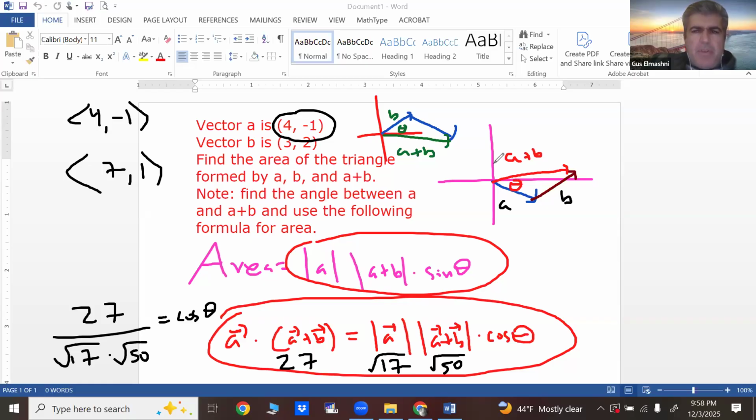This triangle is not possible, but it should be. You can't do inverse cosine of 1.059.